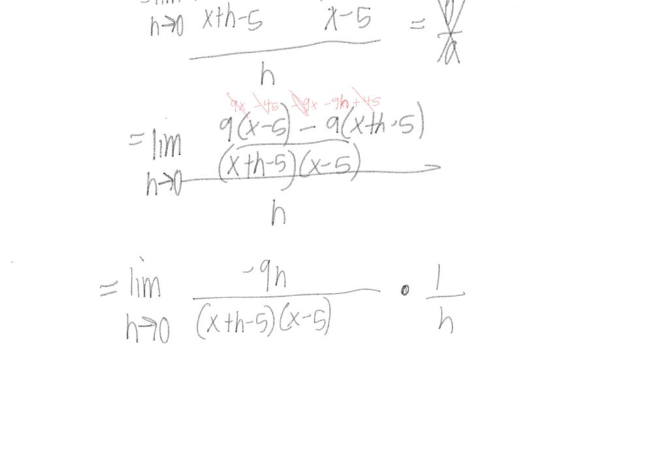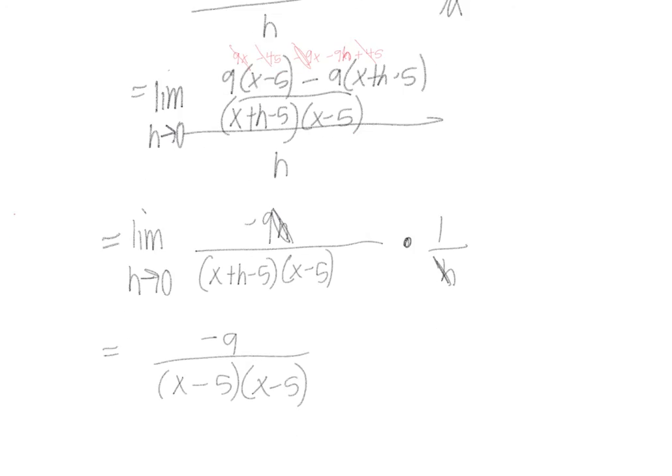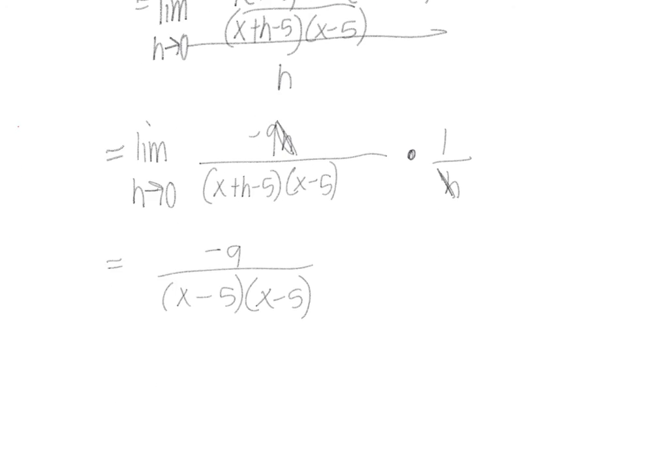And when you do that, these h's cancel, and you can use direct substitution, no more limit notation, and get -9 over x minus 5 times x minus 5, which is -9 over x minus 5 squared. Anyway, this is your derivative.